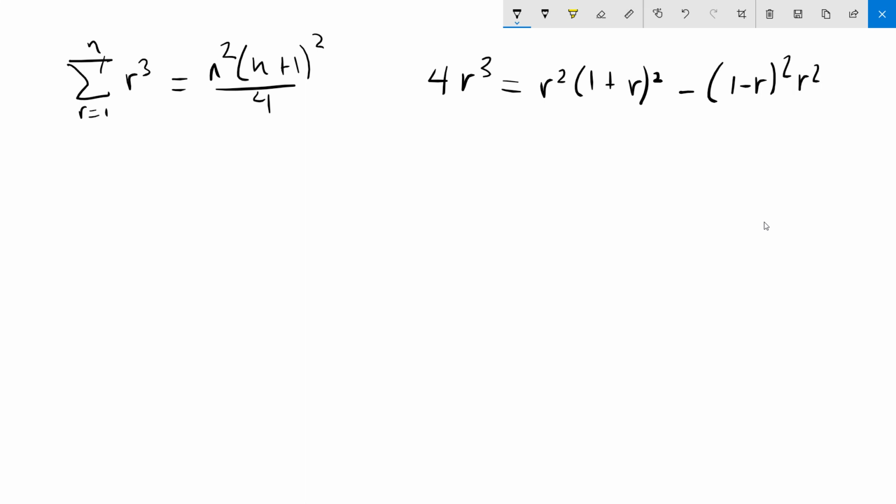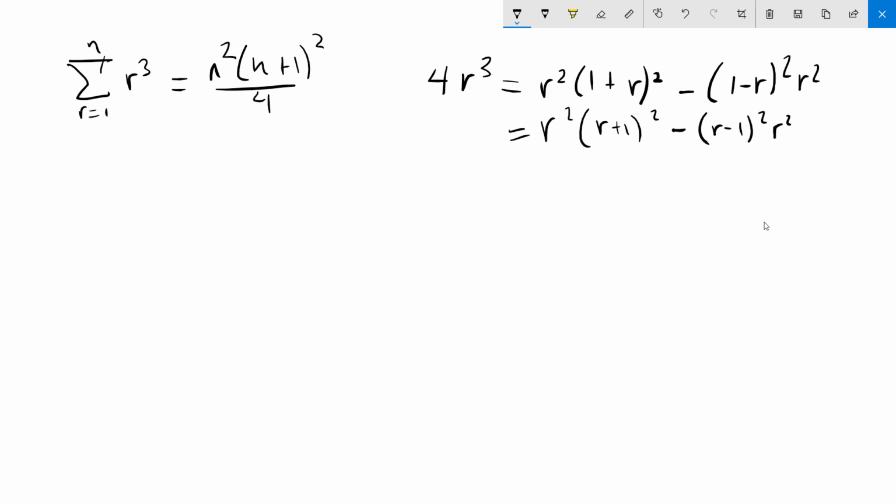That's not the exact format that we wanted though. What we want is r squared times ((r + 1) squared minus (r - 1) squared). We can change this because multiplying by minus 1 on the inside of a square doesn't change the value of the square, so these two things are exactly equivalent.